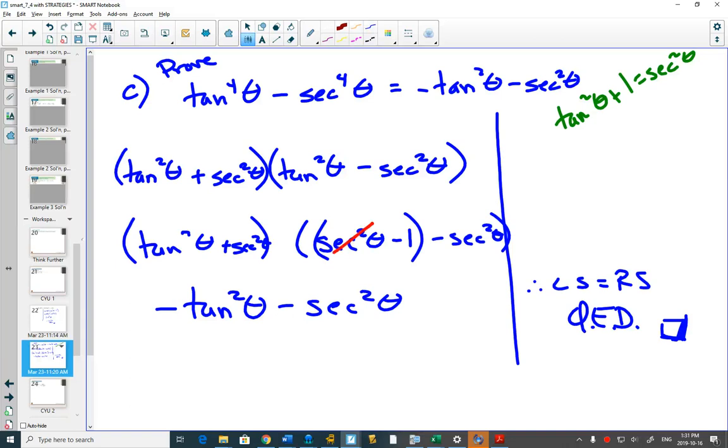And then you could say, I could see that my secant squareds will subtract and get rid of each other. I'm left with just minus 1. And then I could distribute to get this as well. So here in this example, we see that factoring a difference of squares is what's going to help us.